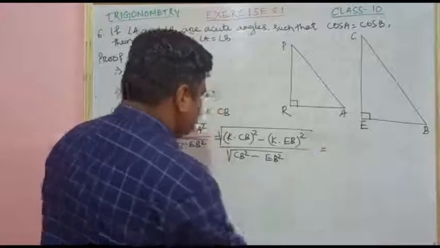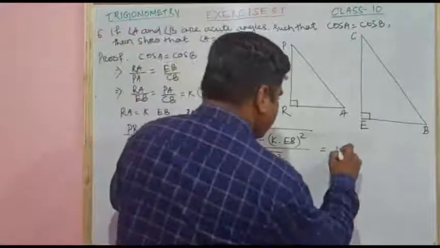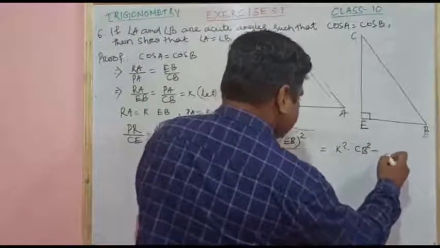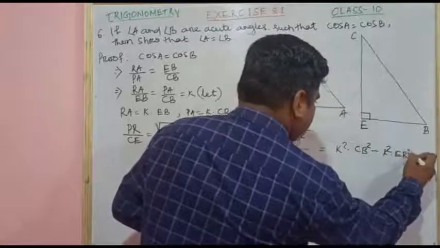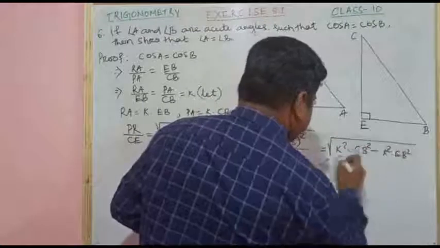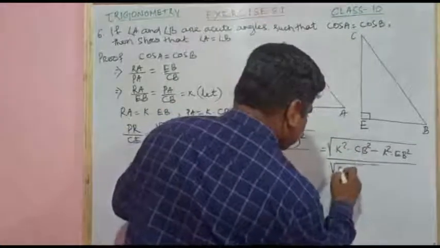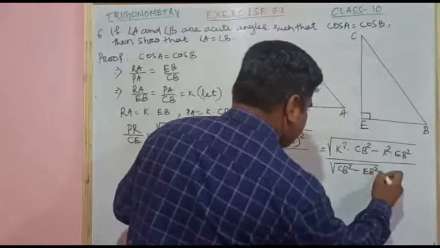The numerator will be root over of K square into CB square minus K square into EB square, divided by root over of CB square minus EB square.